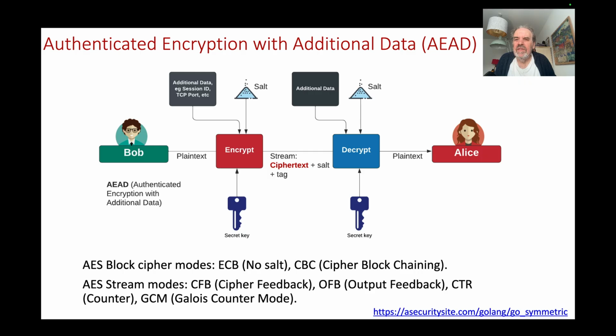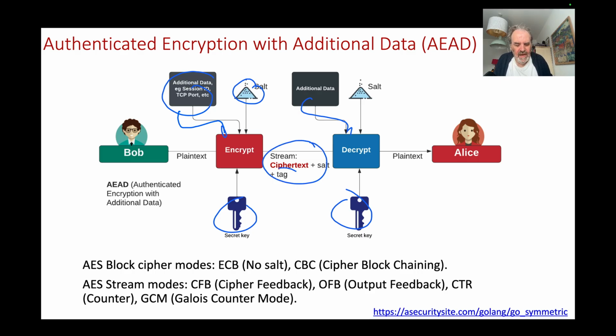We can enhance our symmetric key encryption with authenticated encryption with additional data, and with this we add extra data into the encryption process, which is then used as part of the decryption process. We use the same shared key and we add a salt value, and we send the ciphertext along with the salt value and a tag which will identify the authentication of the cipher.